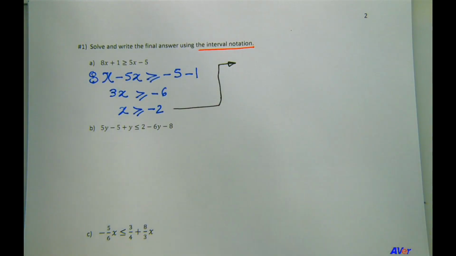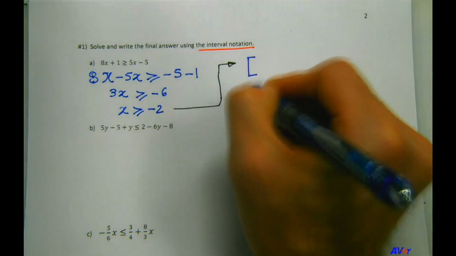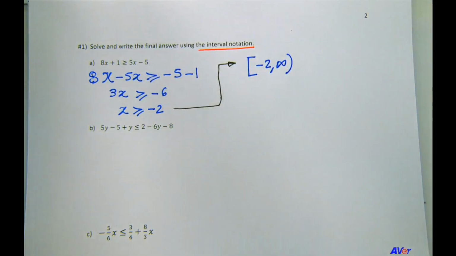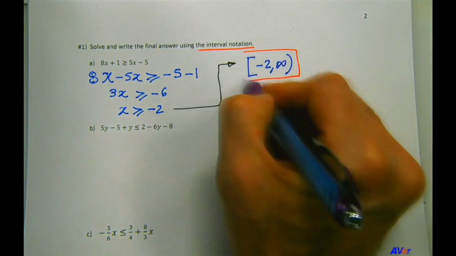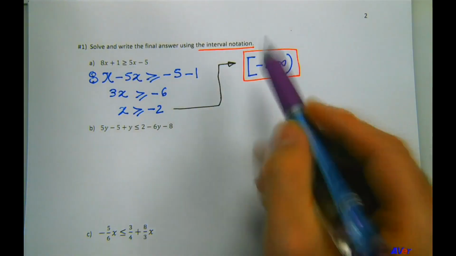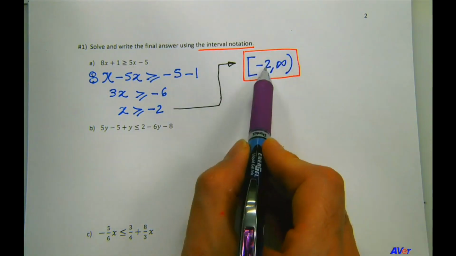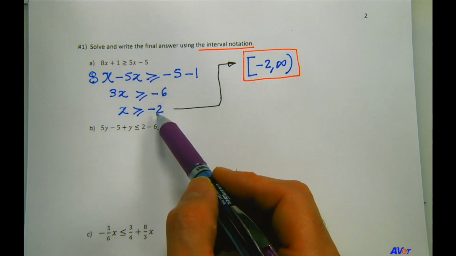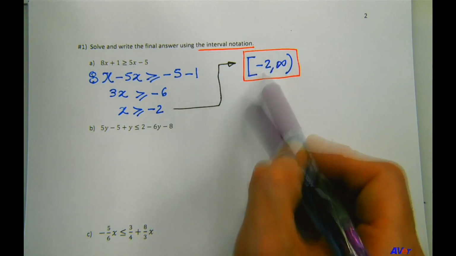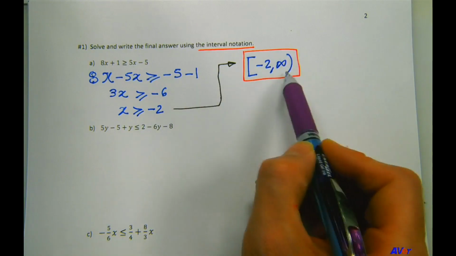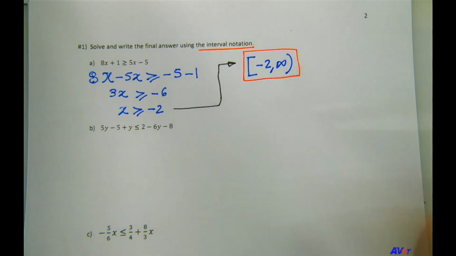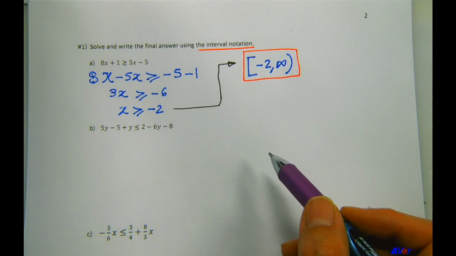So that would be bracket -2 comma infinity. And let me box that like this. The bracket indicates that -2, the number next to the bracket, is part of the solution of the inequality. Hence, it's included in this interval. The infinity side always gets the parenthesis. Why? Because infinity, by definition, cannot be reached.